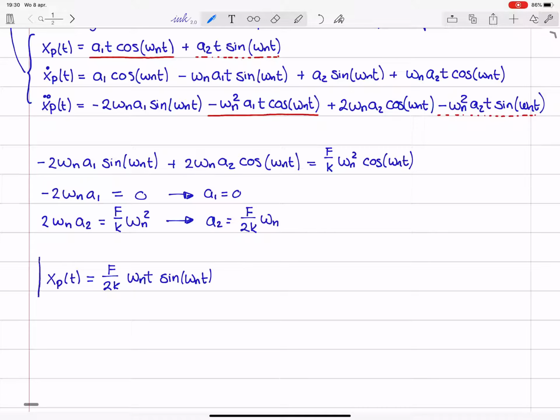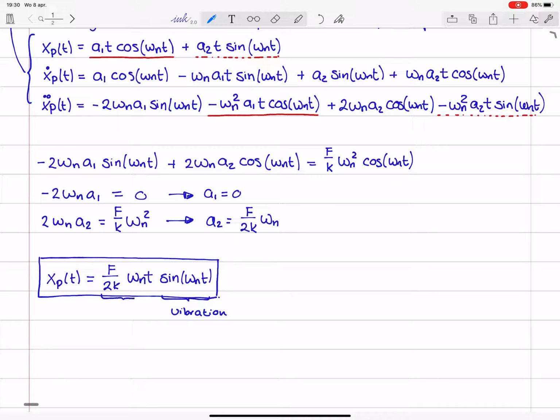This is now the mathematical solution of the differential equation, but you can see that we have for this part vibration. So the excitation is in the natural frequency, the response will also be in the natural frequency.